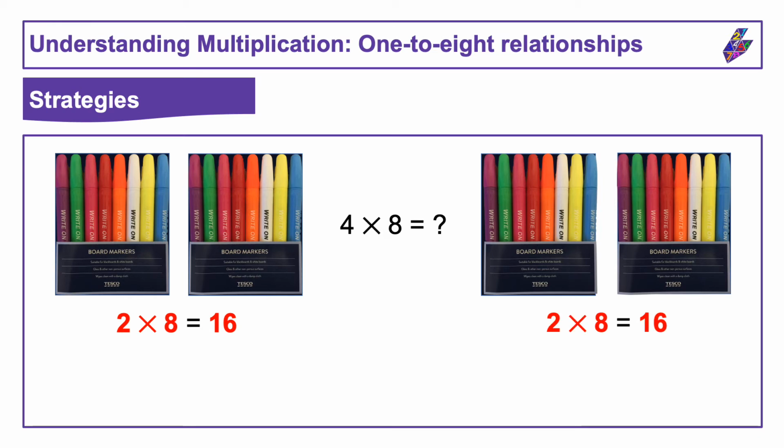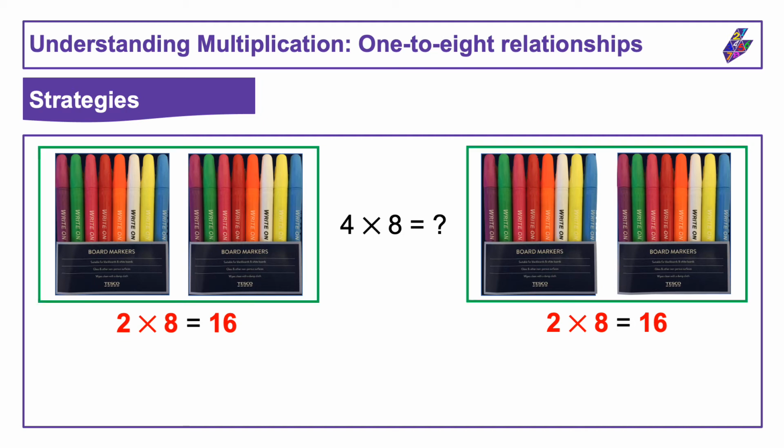Another way I can describe this is 2 lots of 2 times 8. 2 lots of 2 times 8 is equal to 2 times 16, which we can see in the picture. We can see 2 groups of 16 pens.